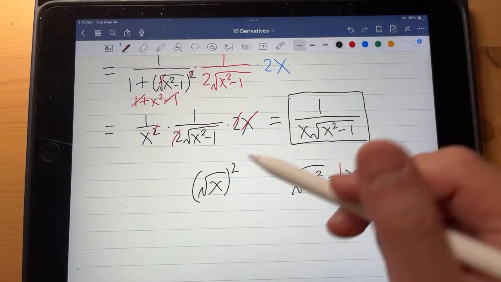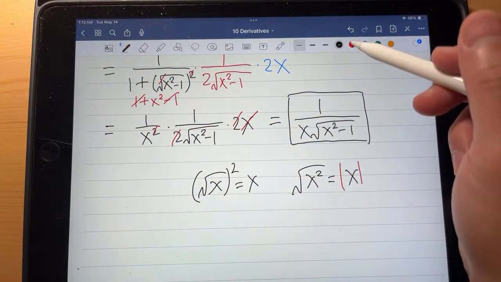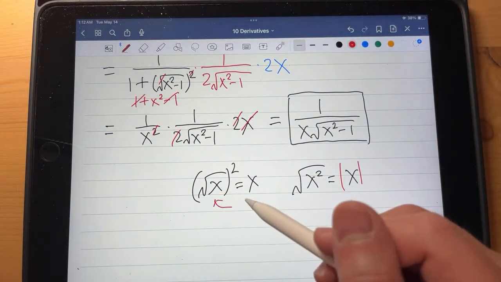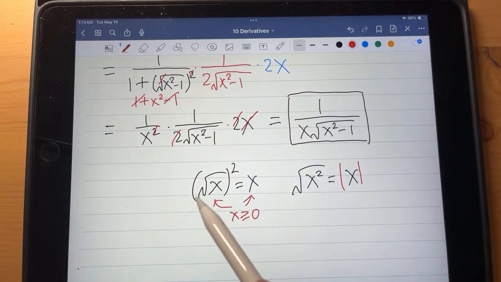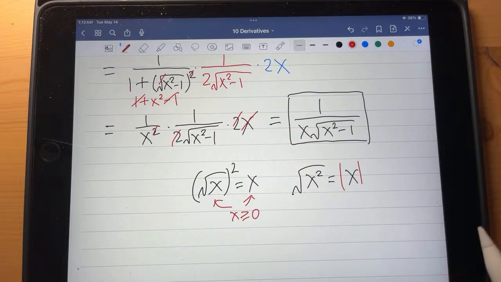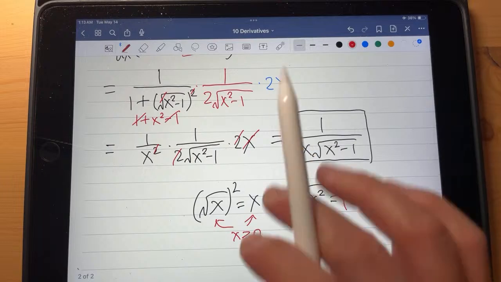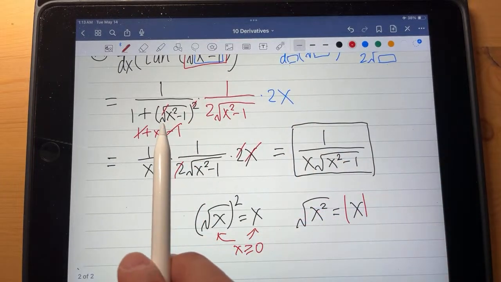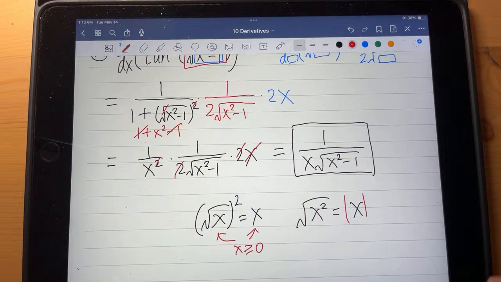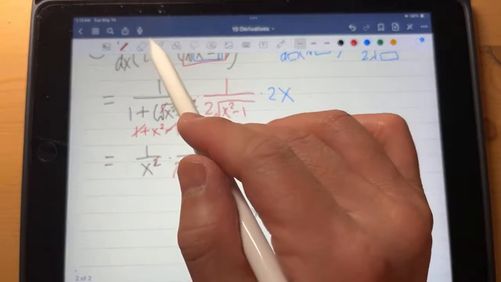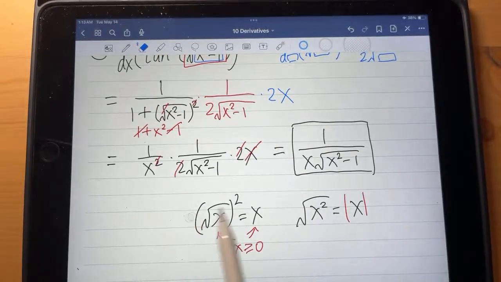But this right here is just equal to x. However though, you have to make sure that both of them have x greater than or equal to 0 because of how the expression is written. For this one we are good because it has the condition that the input x squared minus 1 has to be greater than or equal to 0. So that's nice.